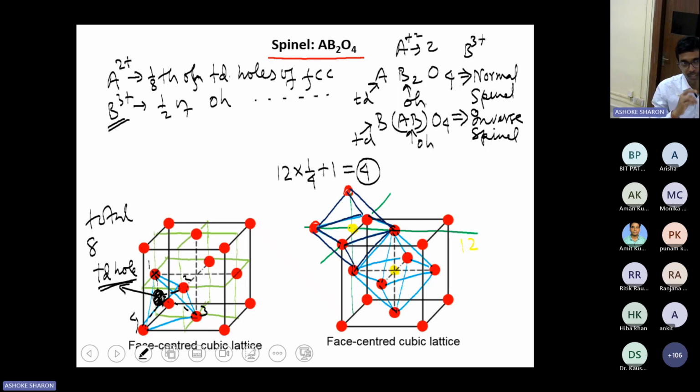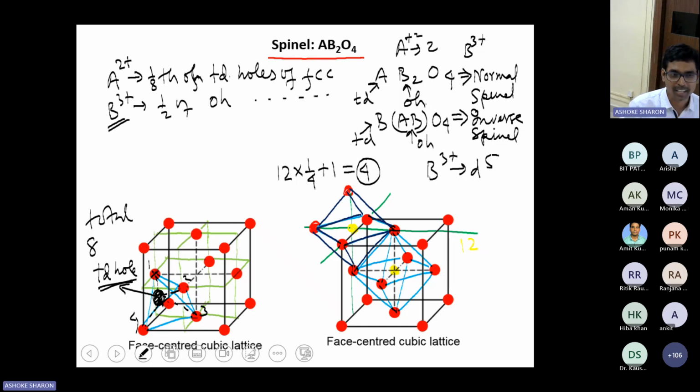One common phenomenon is that if B3+ has a d5 electronic configuration, then it doesn't matter whether it moves to a tetrahedral or octahedral hole.